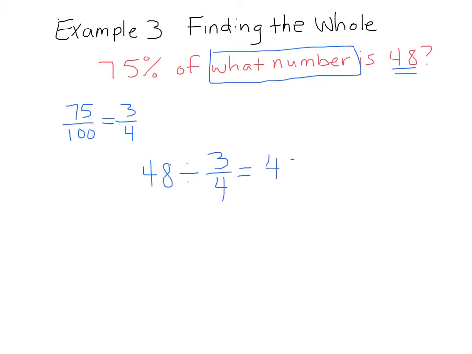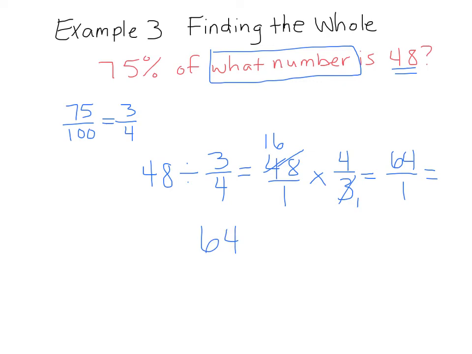Don't forget to use fractions with your whole numbers. When you multiply, then you do the reciprocal, and then you can solve. You can do some cross factoring if possible, and then you multiply straight across. 16 times 4 equals 64 over 1, so equals 64. So your answer after you simplify ends up being 64. So 75% of 64 is 48, and that's how it would look as an answer.